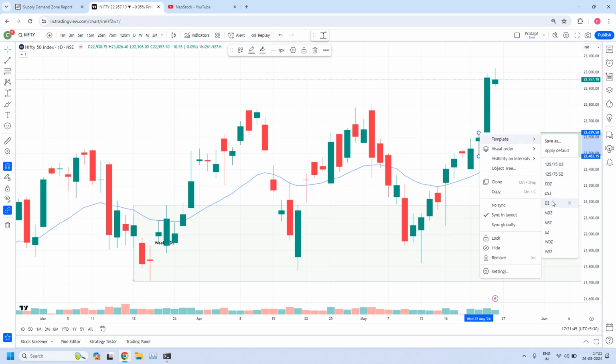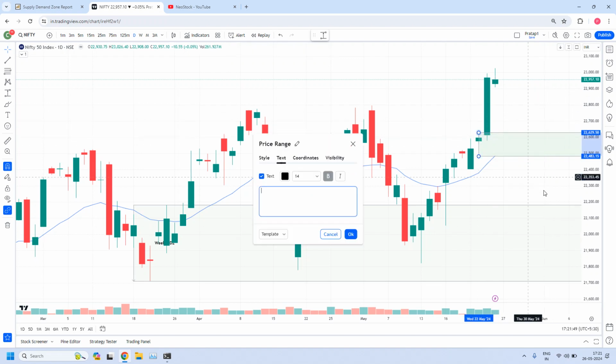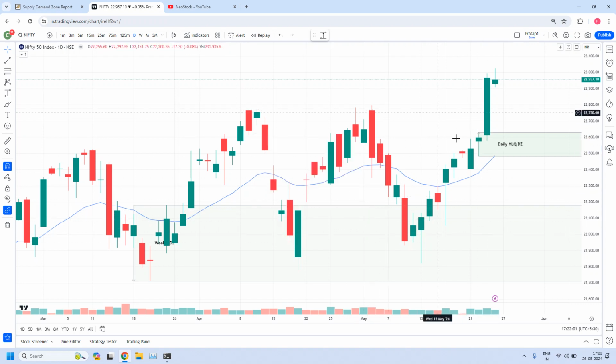Let me give some light color. Okay, this is a daily high liquidity demand zone. Okay, we have drawn the daily zone.